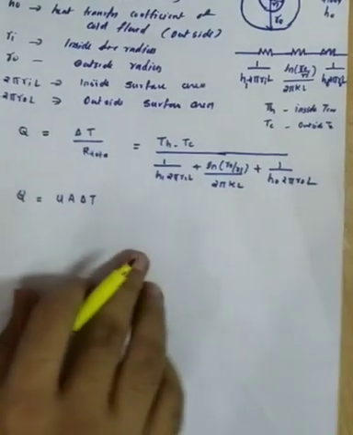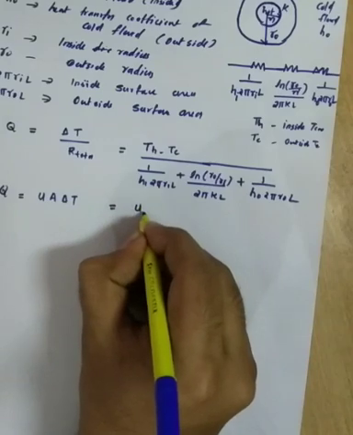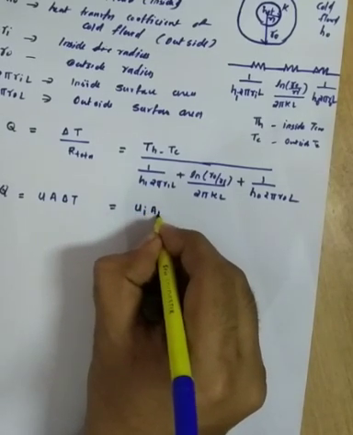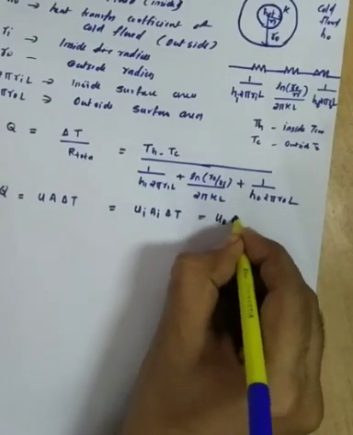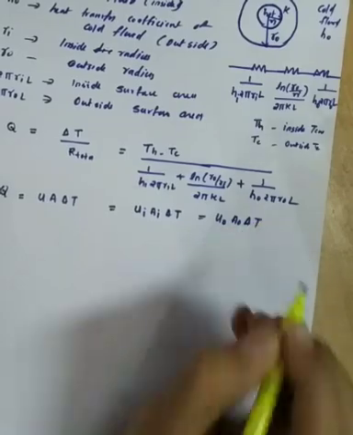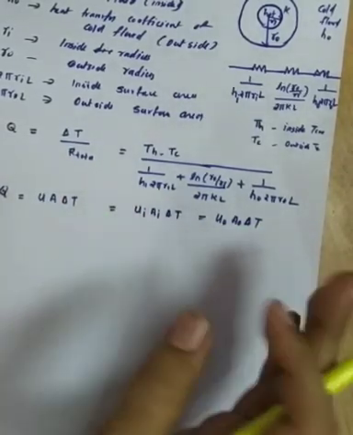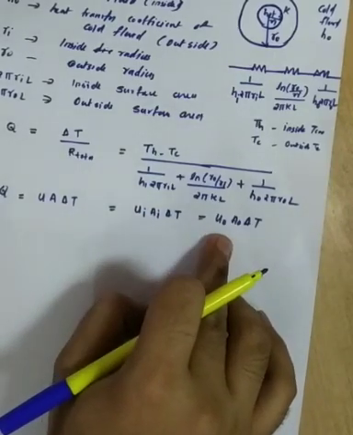It can be based on the inner surface area, Ui Ai delta T, or Uo Ao delta T. Actually we have two types of overall heat transfer coefficient: one based on the inner surface area, another based on the outer surface area.